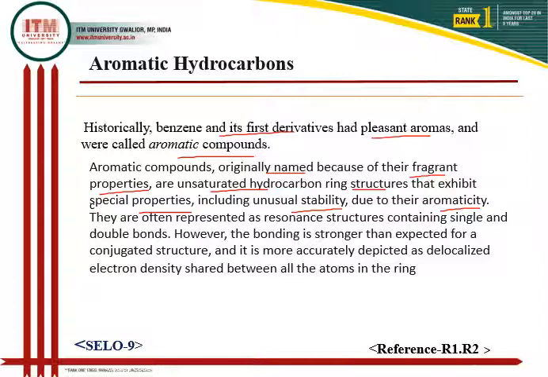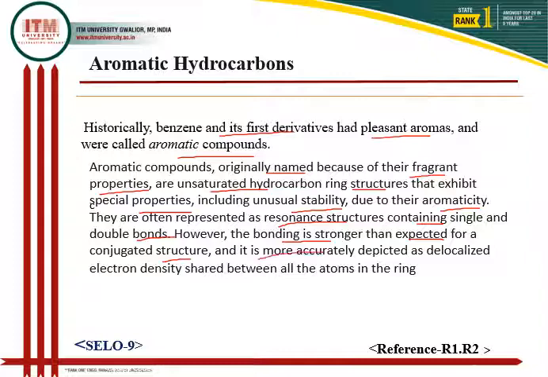So aromatic compounds always obey the aromaticity, that is Huckel's rule. They are often represented as resonance structures containing single and double bonds. However, the bonding is stronger than expected for a conjugated structure. It has a similar conjugation of single and double bonds, but it has more stability than simple conjugated compounds.